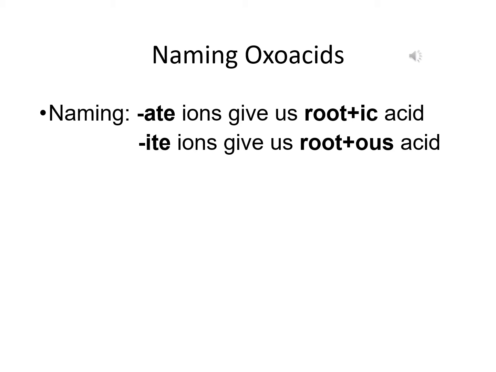So this becomes chlorous acid. See if you can determine the formula for nitric acid and nitrous acid when you're provided with the two polyatomic ions that go with them. Once you've tried to do that, you can go ahead and click to the next page and see if you were correct.